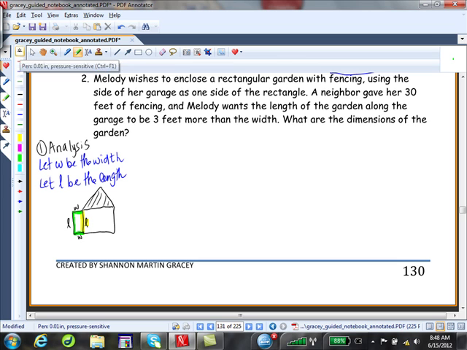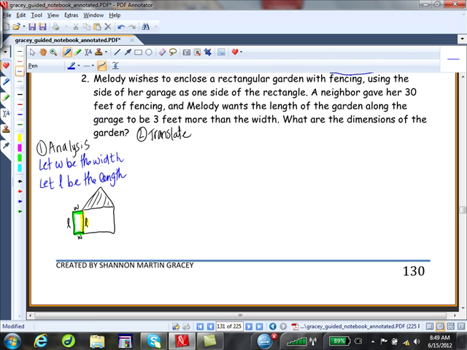So now the second step is going to be to translate into math. So translating, let's check out what we've got going on. A neighbor gave her 30 feet of fencing. So what do we know? That tells us that the amount of fencing here, it's like perimeter, right?